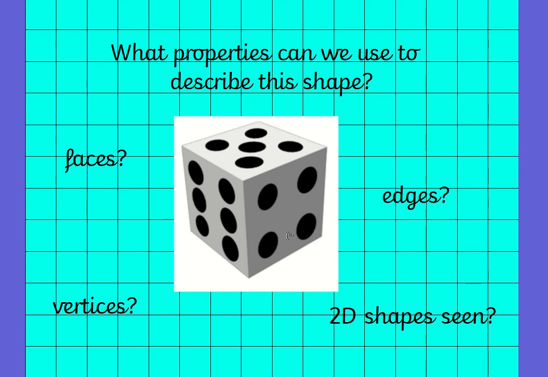Well, we know that there are 6 faces and we know that those faces are all squares. We know that there is 1, 2, 3, 4, 5, 6, 7, 8, 9, 10, 11, 12 edges. That's where 2 faces meet, for example, like here. Vertices are the corners and there are 8 of those, okay? So they are the properties we can use to describe this 3D shape, which is a die.